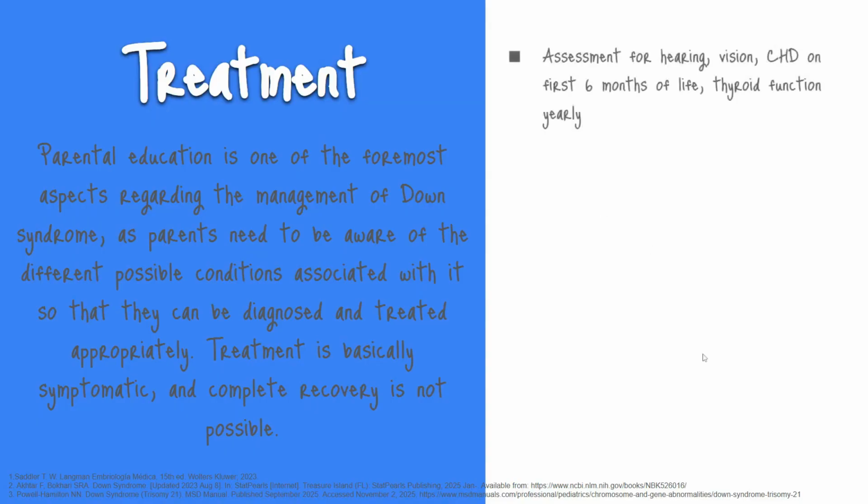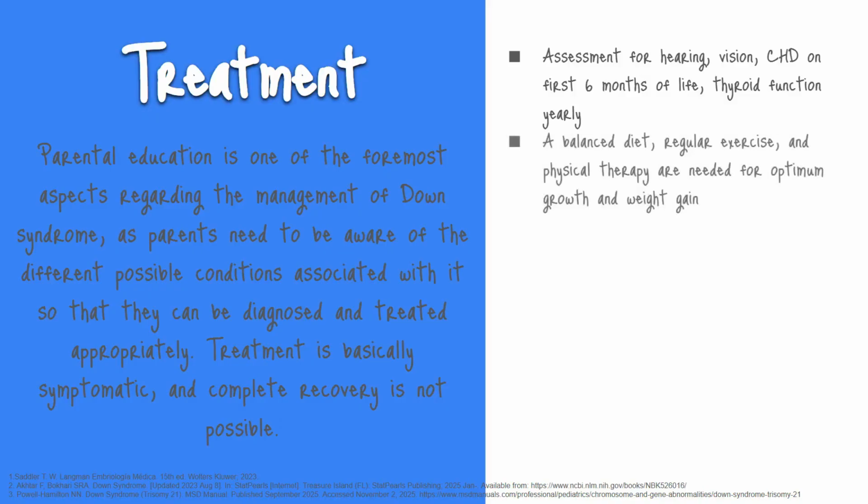So you need to have an assessment for hearing, vision, and congenital heart disease in the first 6 months of life. Thyroid function should be monitored yearly. It's also good to have a balanced diet. Regular exercise and physical therapy are needed for optimum growth and physical gain. Remember, these patients have hypotonia, so they greatly benefit from regular exercise.